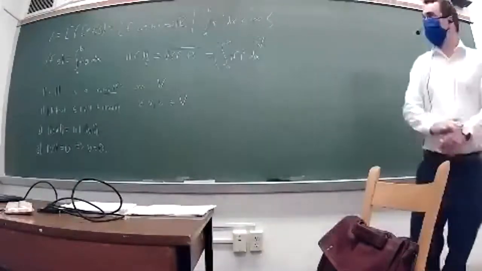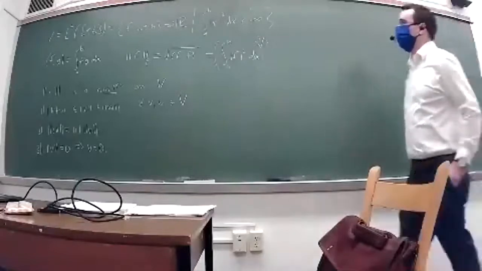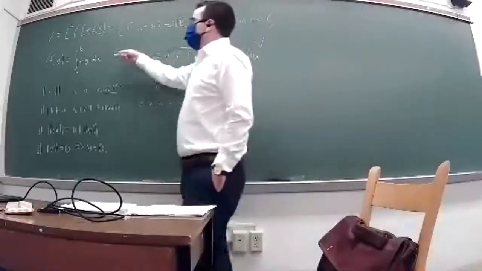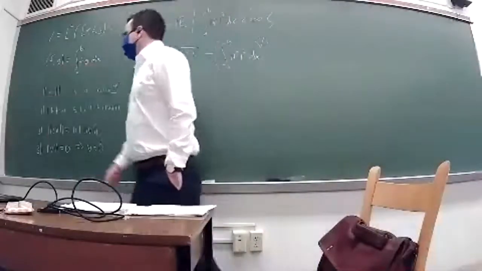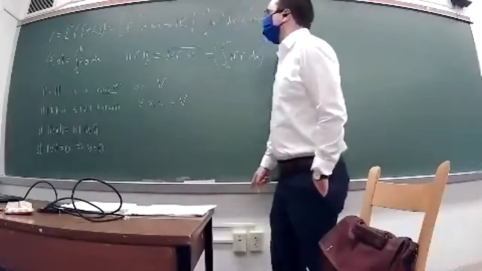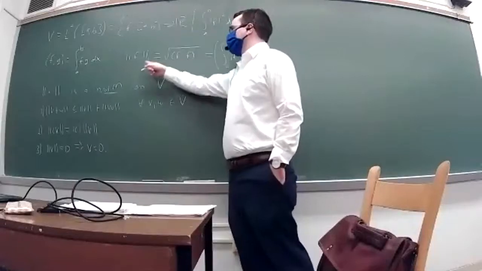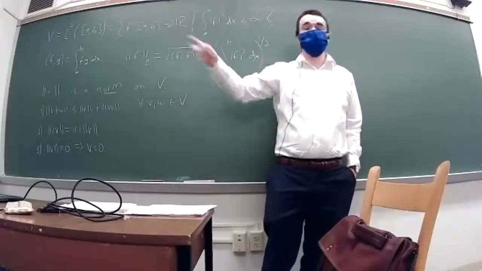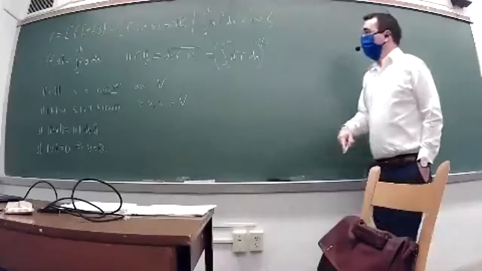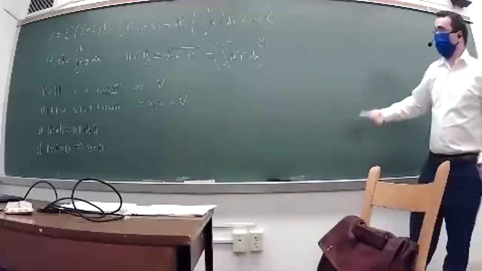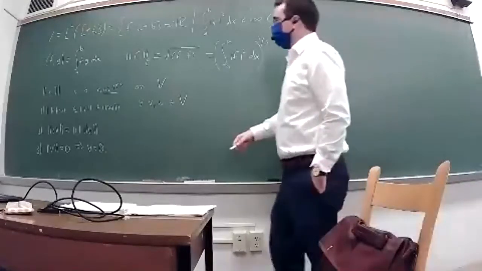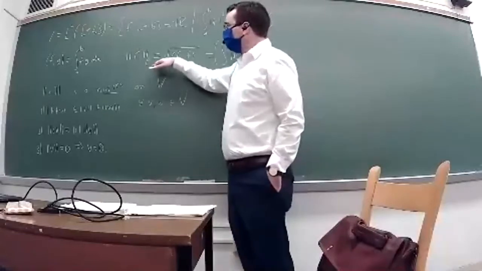And there's general theory here. If you have a vector space with an inner product, then you can always take the square root of the inner product with itself, and that will always be a norm. I won't go through the full general proof, I'll just tell you that for your reference.